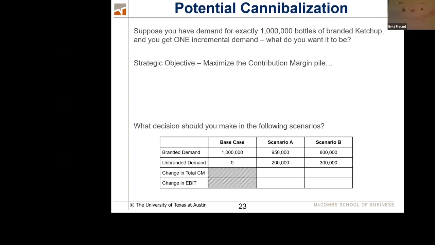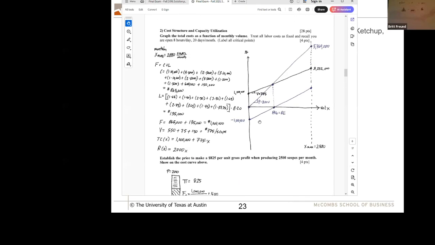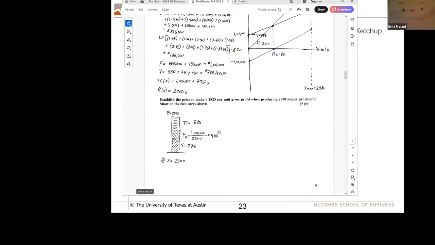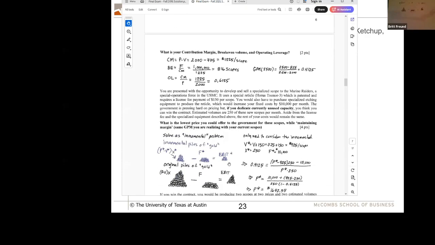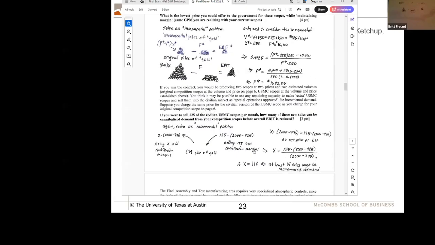If you can do, just to go back to our homework, the basic cost structure, the basic pricing, the basic contribution, and incremental pricing like we just did, you're in great shape. This last one, if you think about it now, is just this problem we were just doing. Because I said, suppose you sell 125 of these scopes per month.